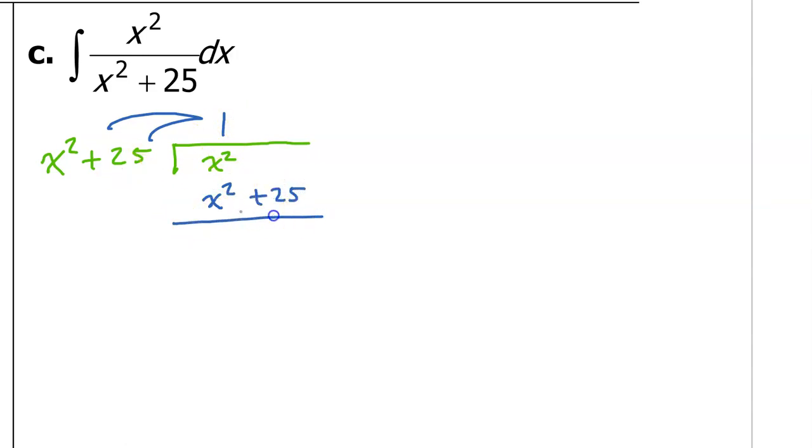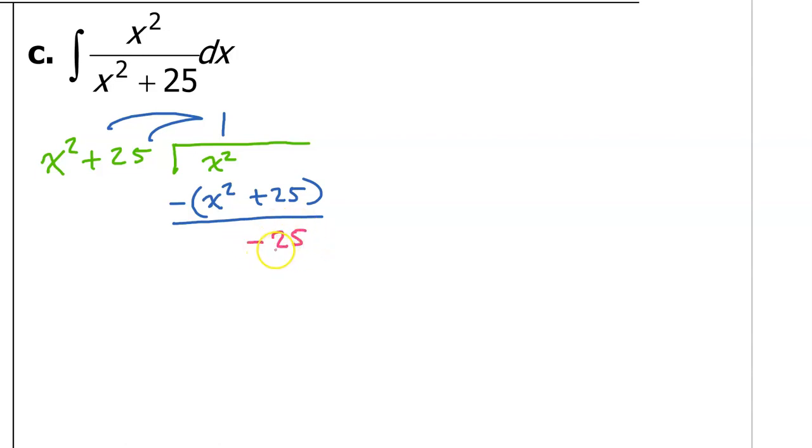And then we subtract. So when you subtract, you get 0, right? X squared minus x squared is 0. But then we have 0 minus 25, so that'll just be a negative 25.